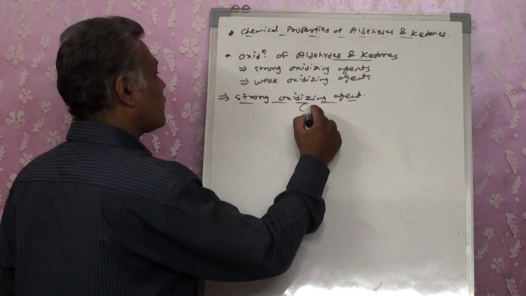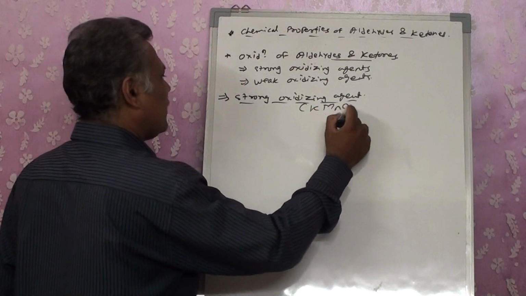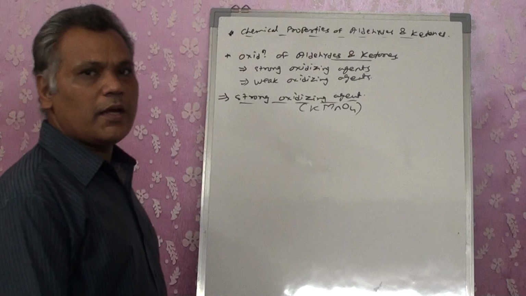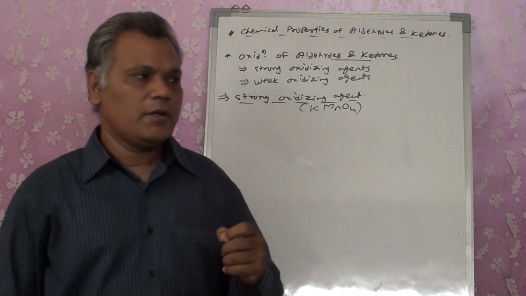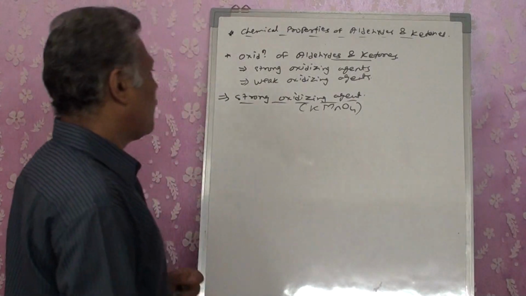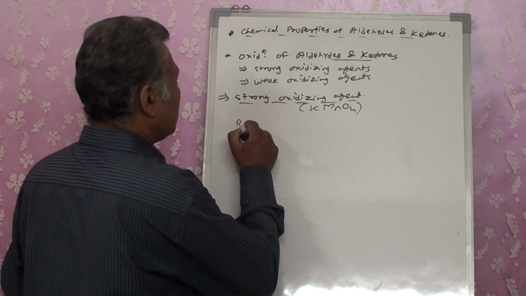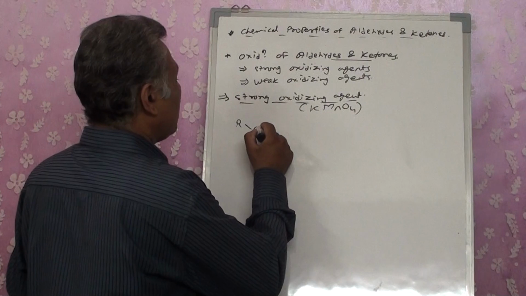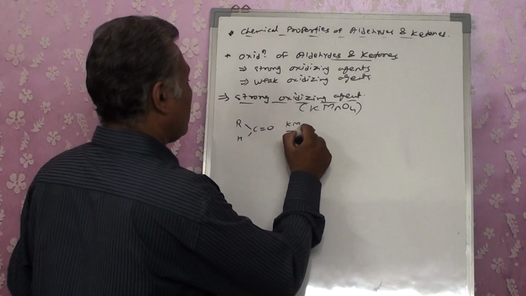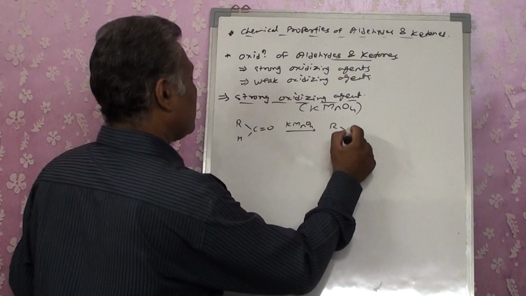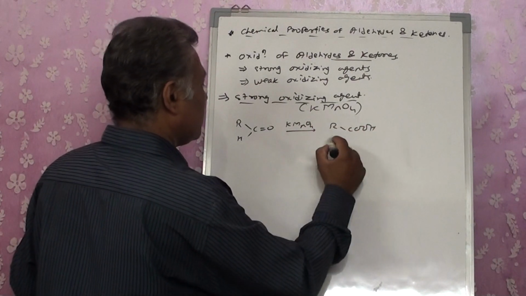When we are talking about the strong oxidizing agent, immediately KMnO4 comes to our mind. Now if we have an aldehyde reacted with KMnO4, it gets converted into an acid.